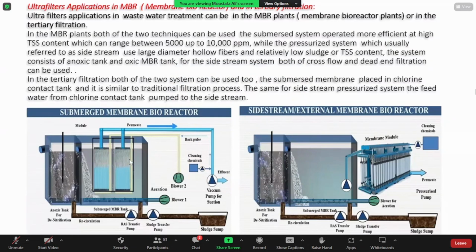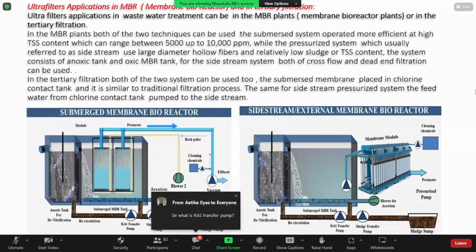It starts to suck the clear, filtered water through the membrane surface. For the flux range in such an application, a polymeric membrane should have a flux rate between 10 to 18 or 20 liters per square meter per hour.